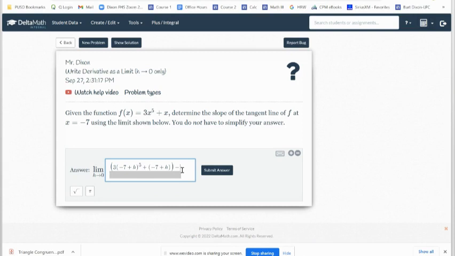Getting a huge number there. That is -50,428. Minus -50,428, divided by h.